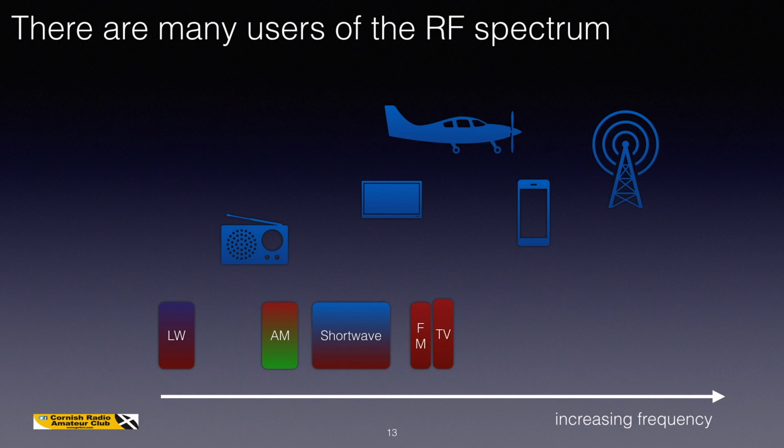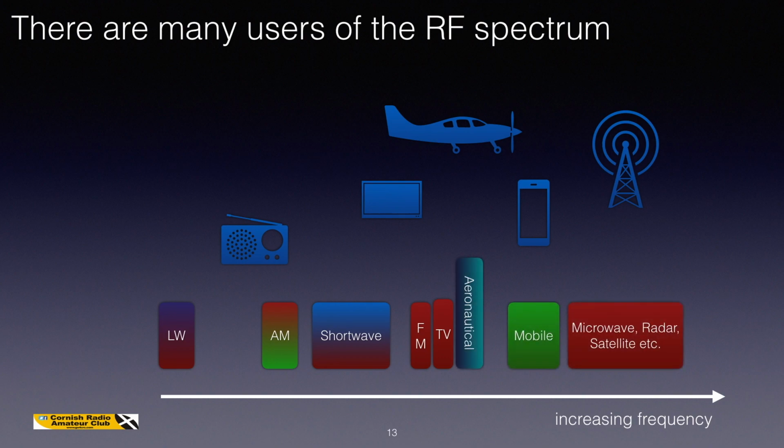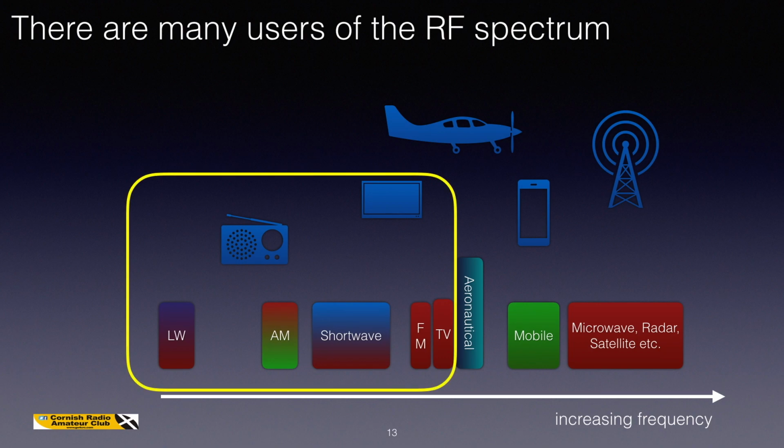They are broadly divided up, I suppose, into one-way communication or broadcast, where people consume services, and two-way communications, where people speak both ways, for duplex, which means both-way conversations. So there in yellow are some of the broadcast services. You can see radios, TVs, and the radios pick up signals on long wave, AM, shortwave, FM and TV.